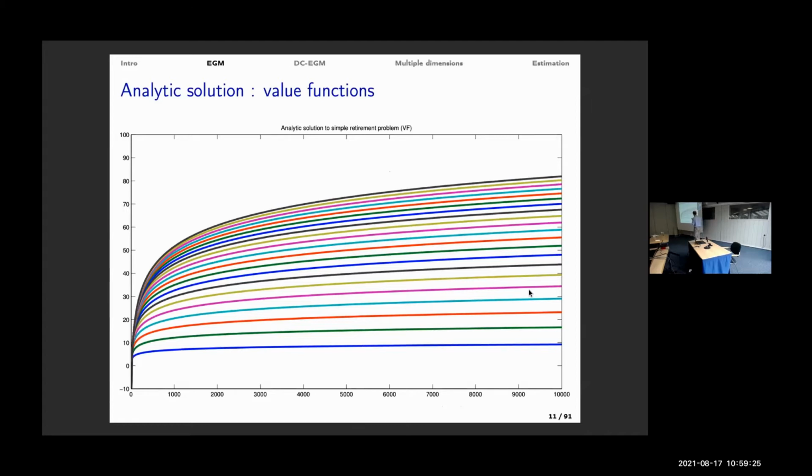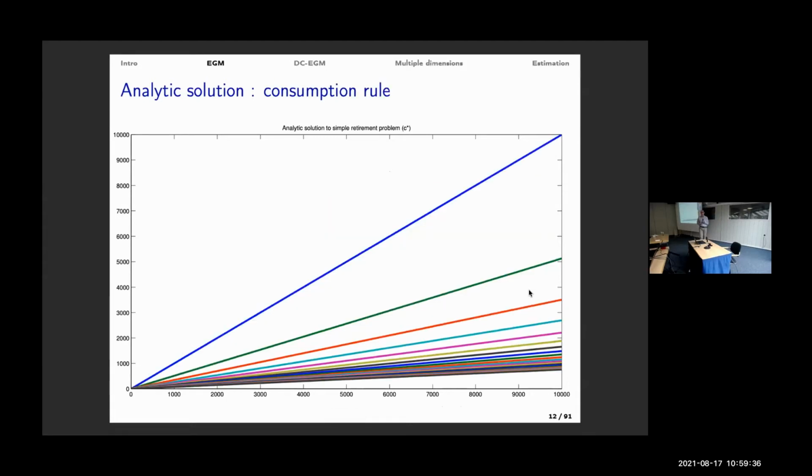Just to be on the same page, this is the solution of the finite horizon model, right? We get a bunch of value functions. Each value function corresponds to a particular time period, and a bunch of decision rules, right? Policy functions. Yeah, I usually ask, where's the solution for the infinite horizon model here? But I guess everybody sees the solution for the infinite horizon model in the picture, right?